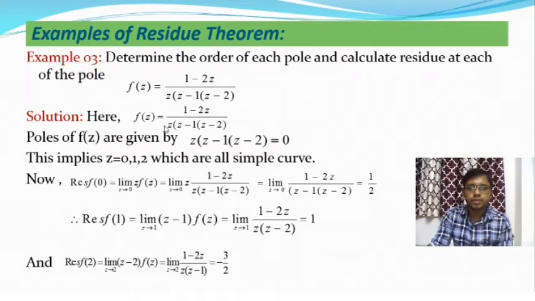So let's start. Consider the function f of z is equal to 1 minus 2z by z into z minus 1 into z minus 2. And the poles of a function are obtained when the denominator part is 0. I have already mentioned in the previous class how to find the pole of a function.